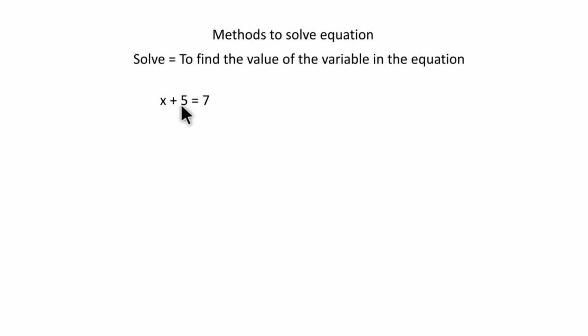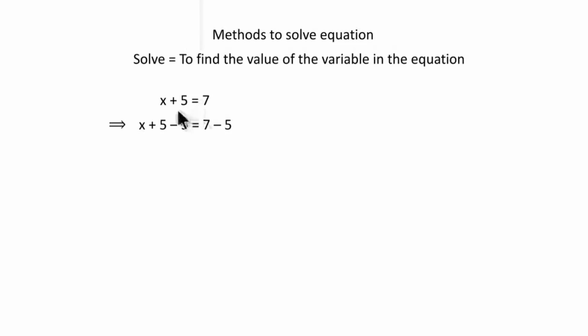In order to remove this plus 5, we will simply write x plus 5 minus 5. When you do plus 5 and minus 5, they cancel and you get only x. And when you do so on the left hand side, you need to do exactly the same thing with the right hand side.